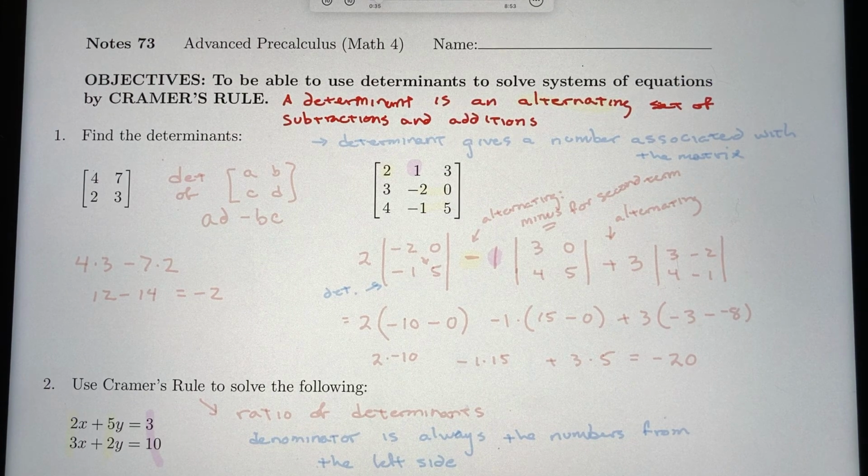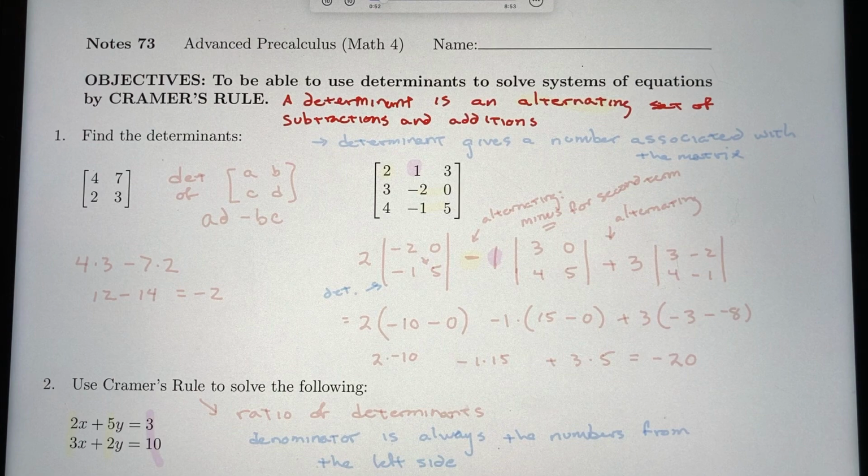So I'm going to show you how to do it by hand for the 2x2. Then I'll show you how to do it by hand for the 3x3. Fortunately, there is a determinant button on your calculator for matrices, so I will eventually show you that.